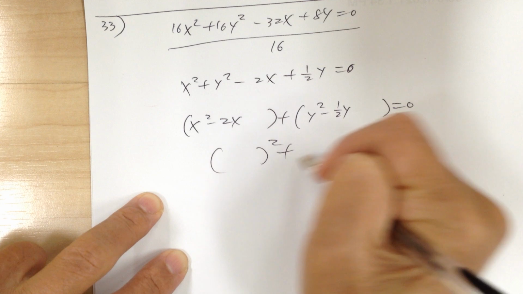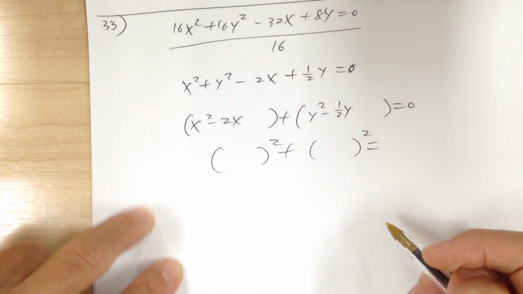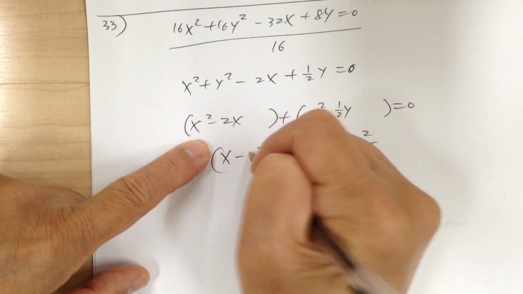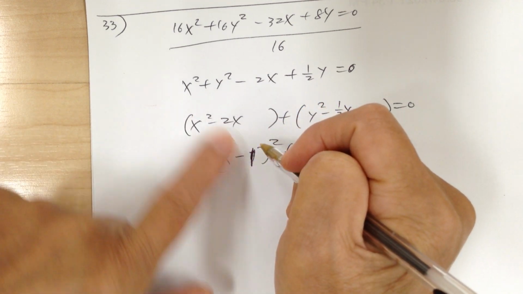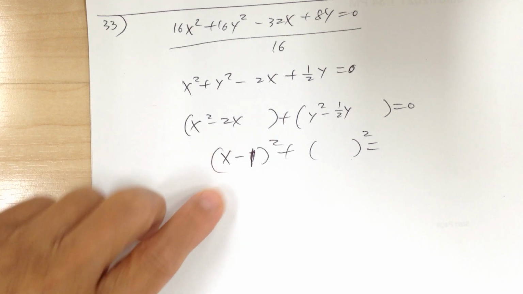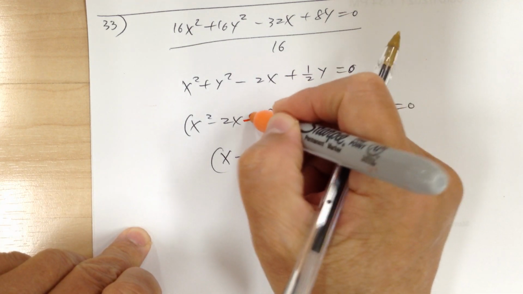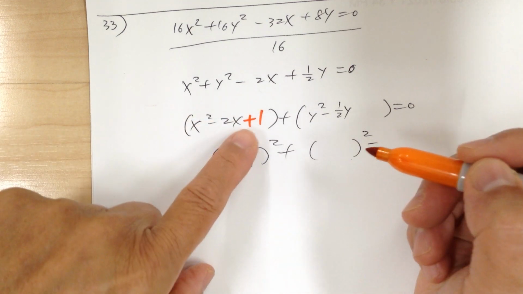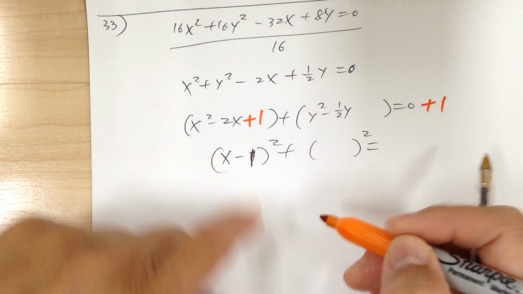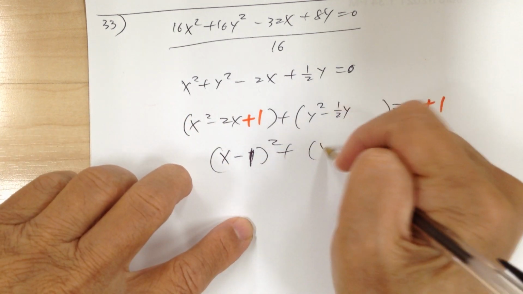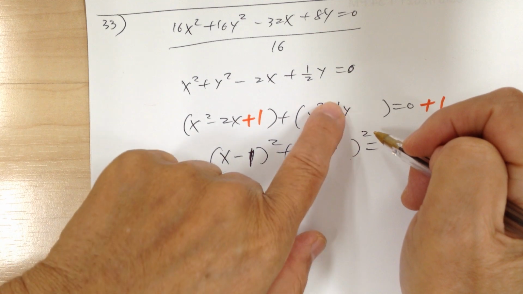So get your perfect squares ready. From here to here, you need to have an x minus 1. Again, this is always half of that. Because to get minus 1, you need to have plus 1 right over here. Now if you plus 1 over here, you need to plus 1 on this side. Now on this side, for y minus, this is going to be half of that.